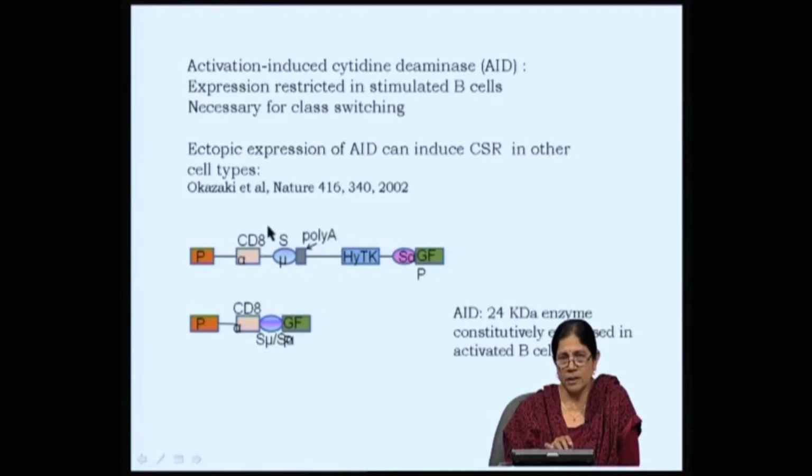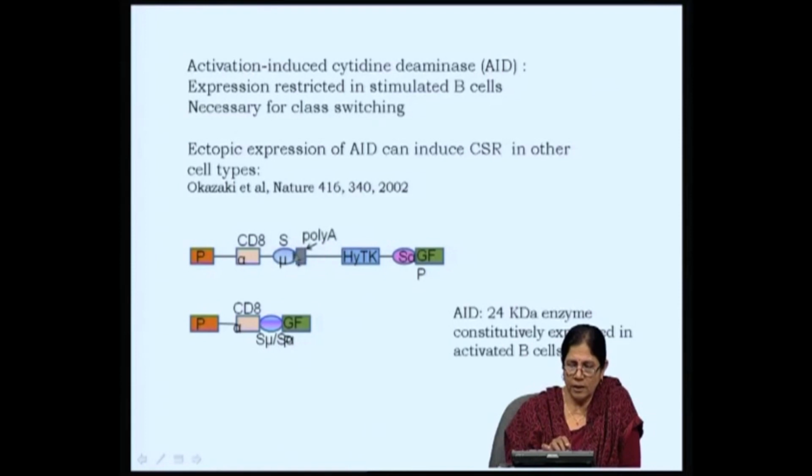Now, CD8 is a receptor, you all might remember from some of the lectures that you have heard so far. CD8 alpha beta, these are the two which form a co-receptor for the T cell antigen receptor. Now, this is membrane bound, therefore, they have included this in the construct.